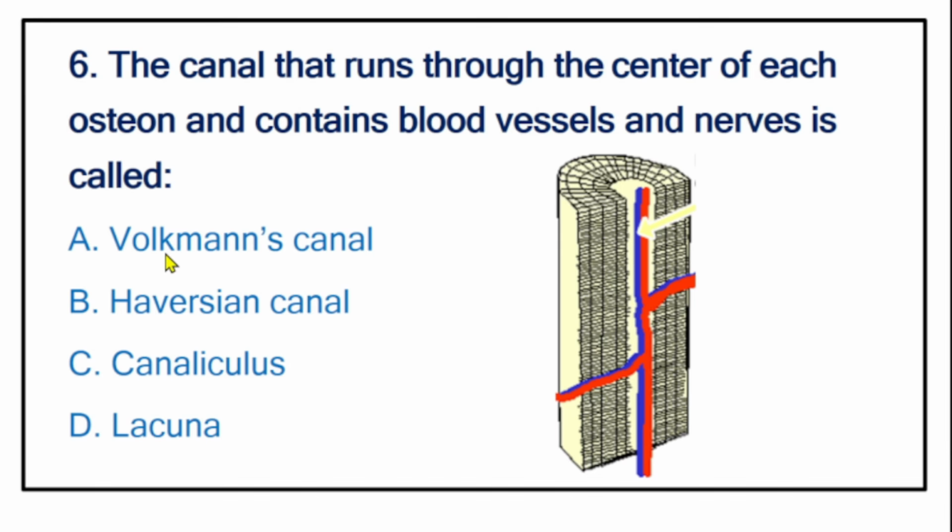Options: Volkmann canal, Haversian canal, canaliculus, lacunae. The correct answer is Haversian canal. Osteon is also known as Haversian system. The central portion that has a canal-like structure is known as the Haversian canal. Through this canal, blood vessels and nerves are running.